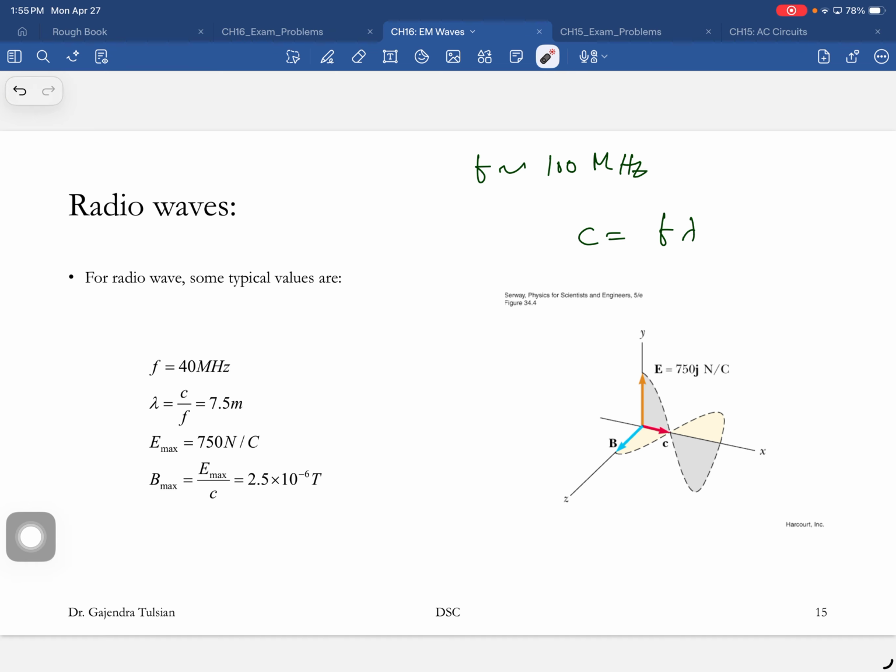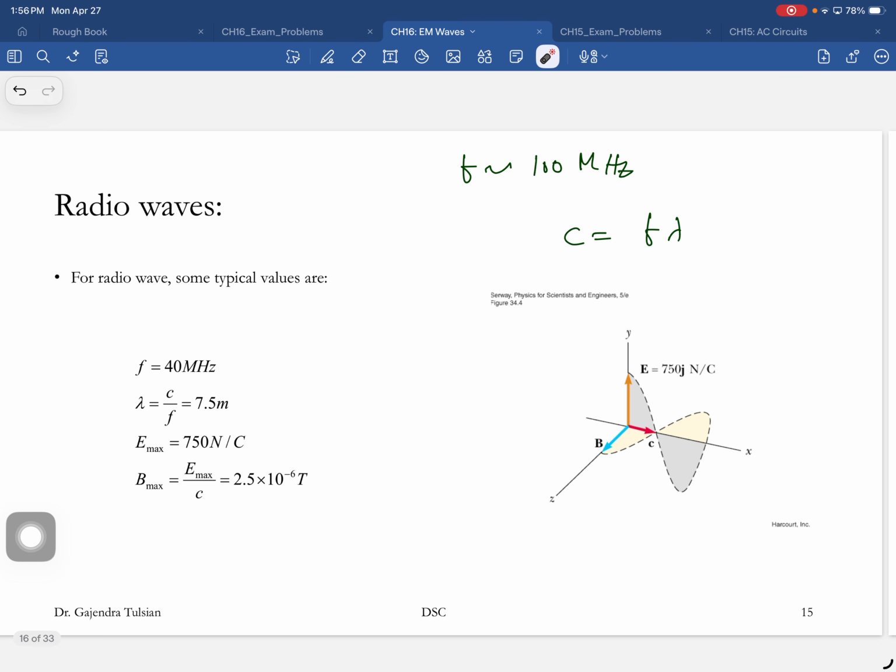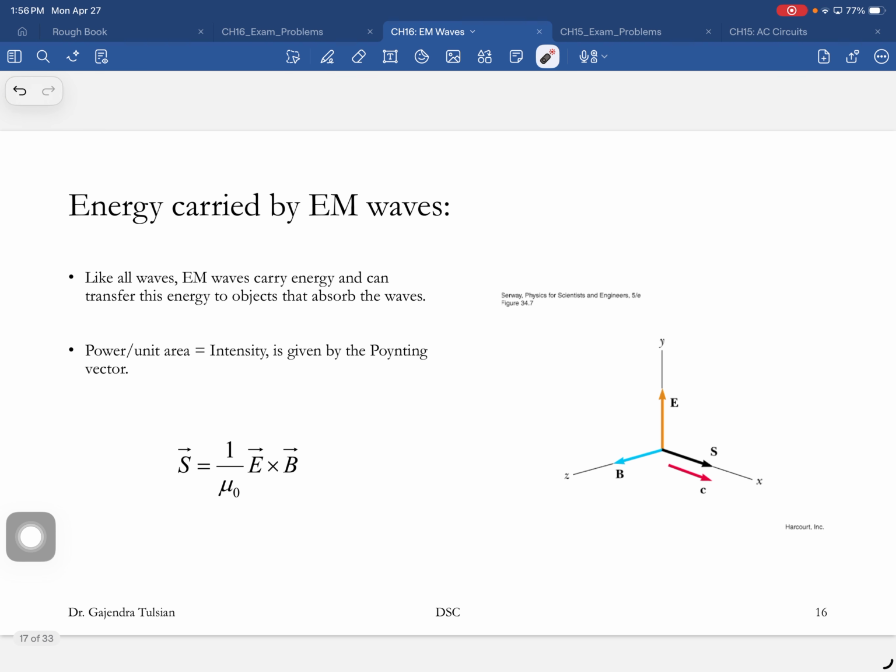So let me shine my laser here. What that formula means is the following. If you can calculate the intensity, you can take the energy content of a unit volume of this beam.